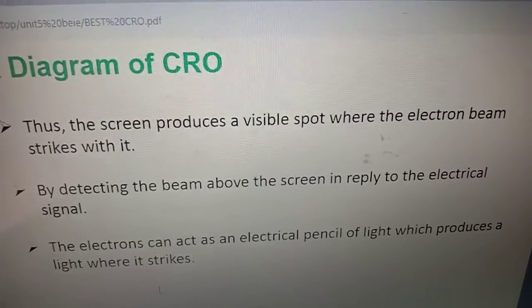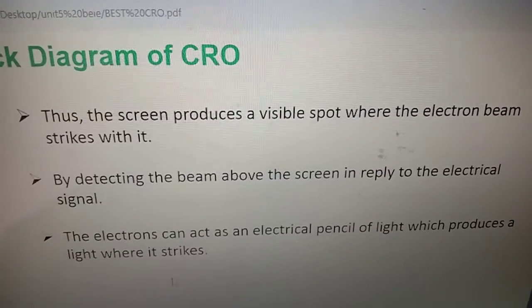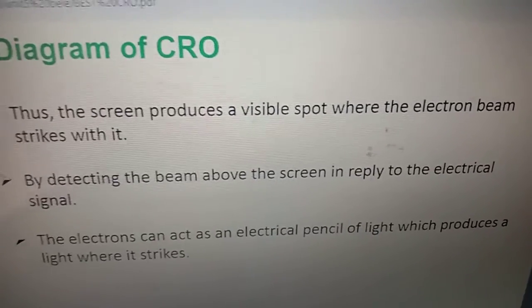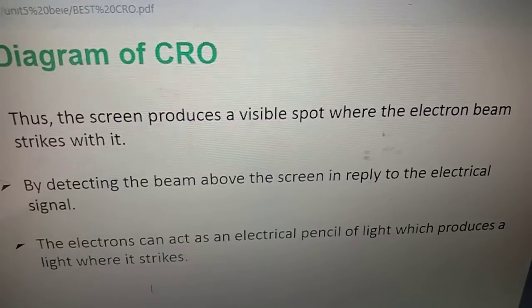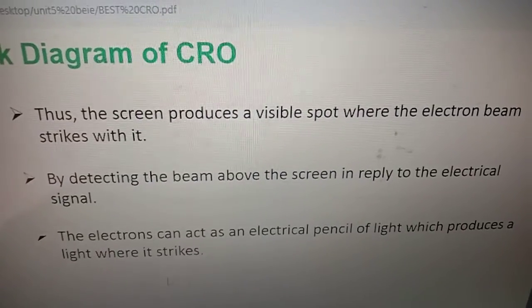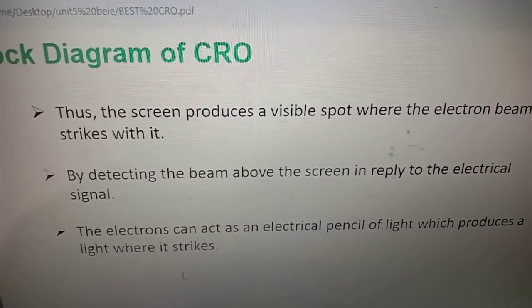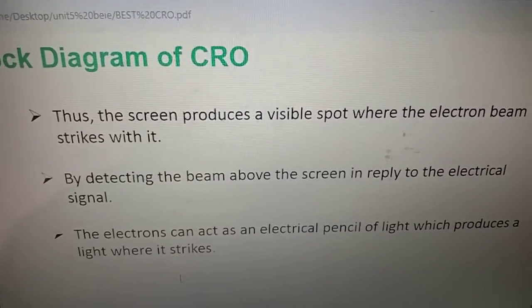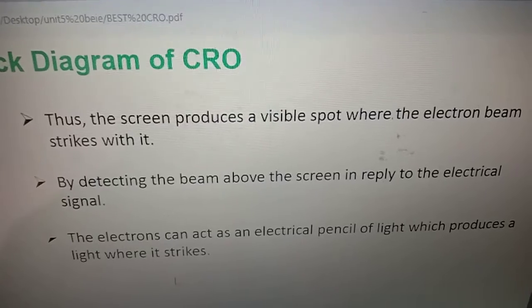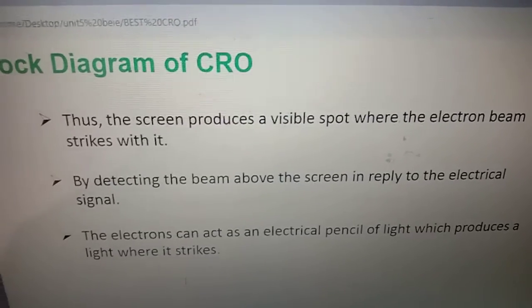The screen produces a visible spot where the electron beam strikes it. By deflecting the beam across the screen, we can detect the electrical signal. The electrons travel like a pencil of light, producing light where it strikes the screen.